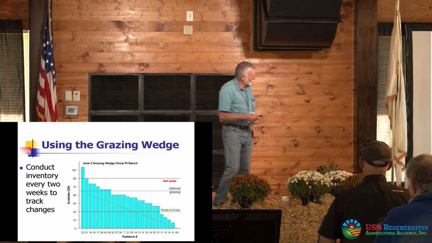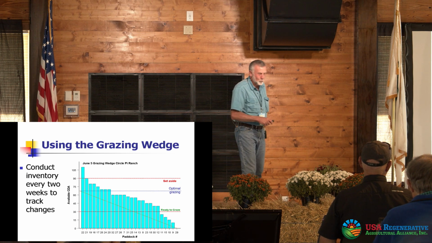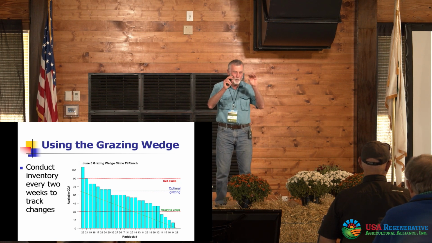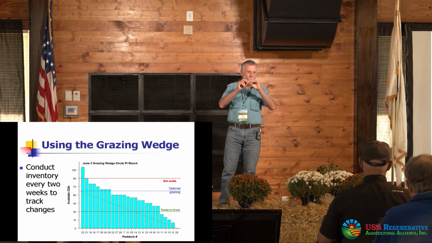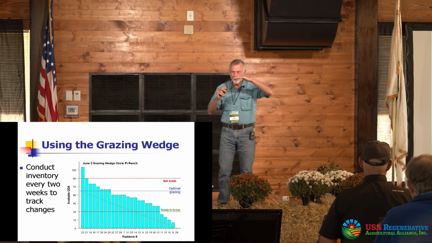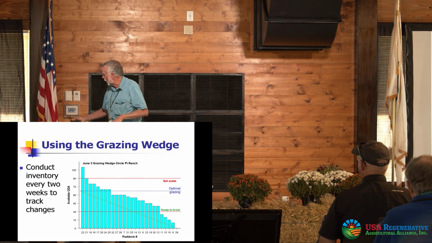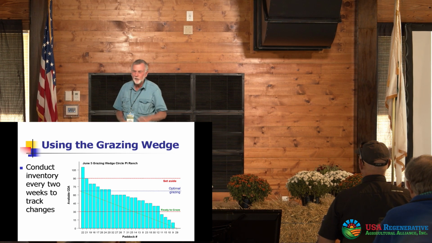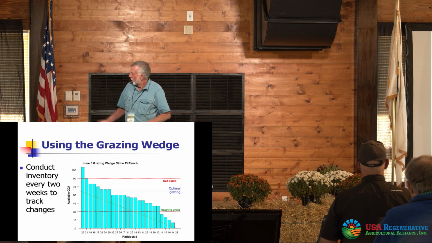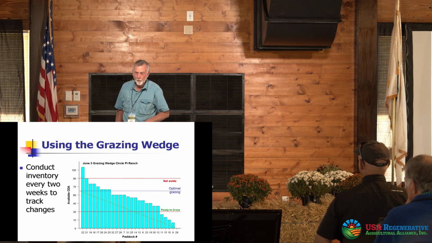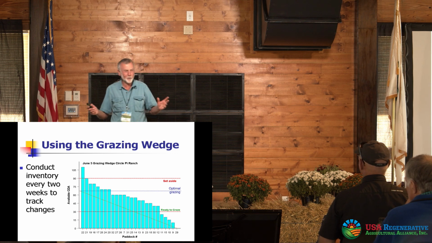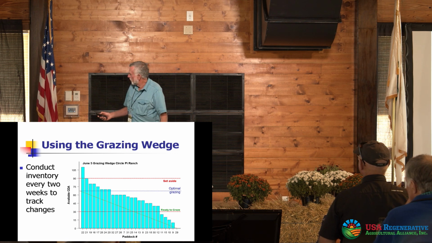So this changed from May 20th, where I only had 25% of the paddocks up at 30 cow days per acre. This is June 5th, so this is just 16 days later. And look at that explosive growth. Okay. This is pasture being out of control, by the way.